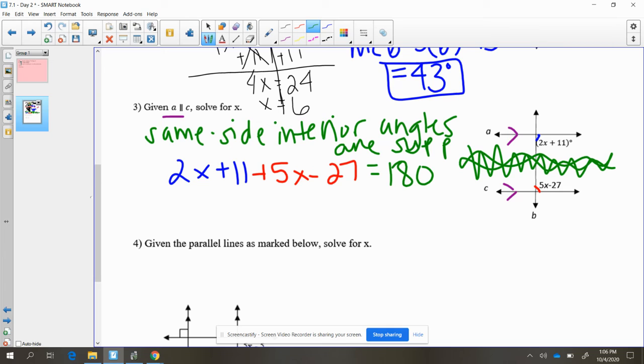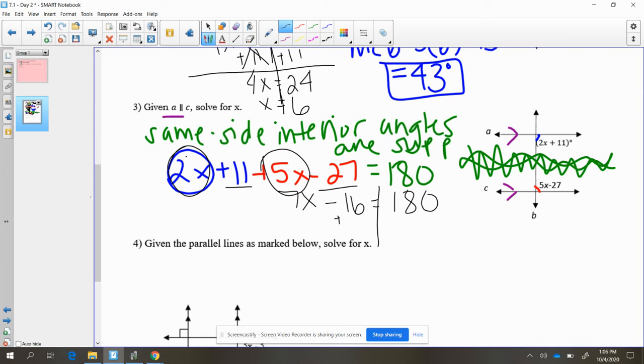Okay. Now in this particular problem, we're going to need to condense first because we have 2x and 5x. So we actually have 7x's total. And then 11 minus 27 is negative 16. So now that we got everything condensed on the left-hand side, we could finally start moving across the equal sign by adding the 16.